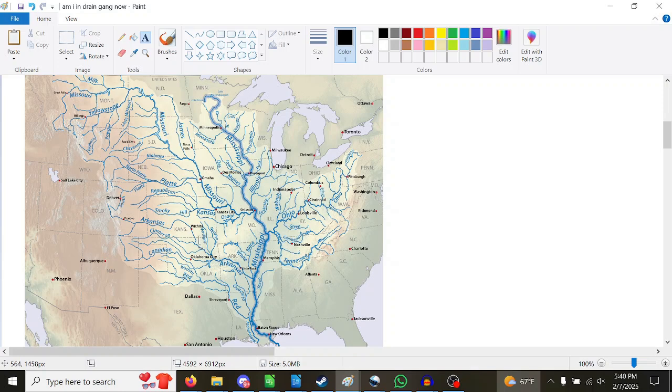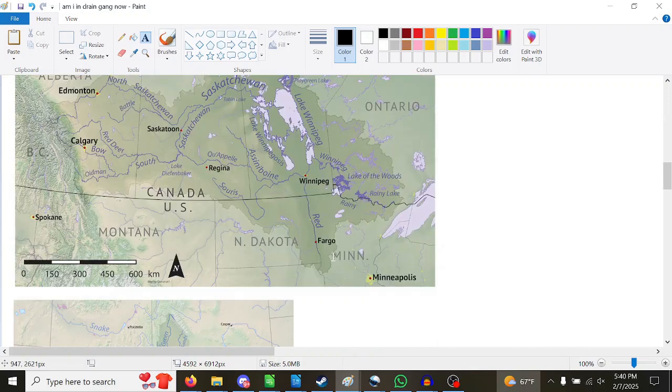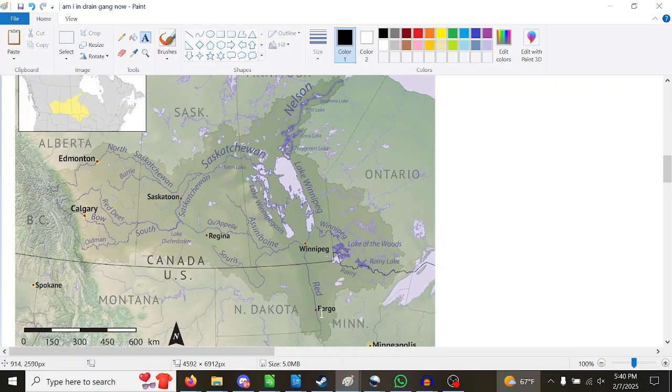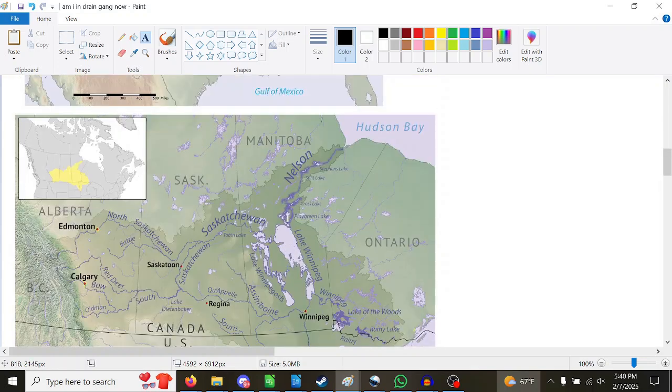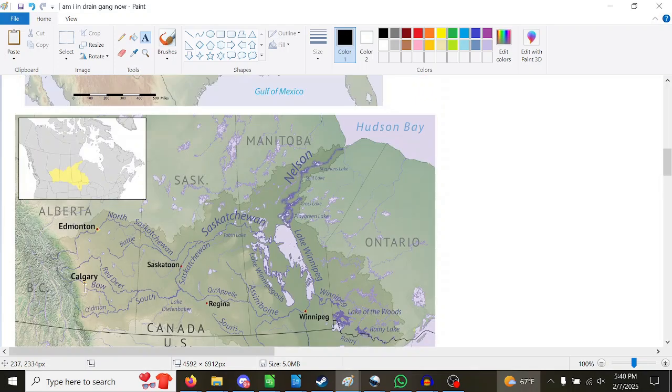It's incredible. Now, you can see the Fargo is not connected to this system, but it is connected to another Red River, which flows through Winnipeg into Lake Winnipeg, and eventually into the Nelson River into the Hudson Bay. So this is another drainage basin up in Canada, and it's quite interesting.